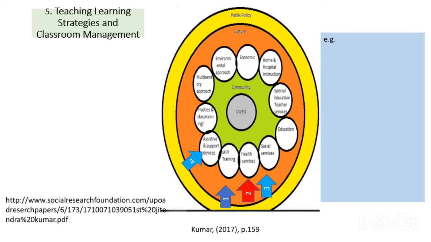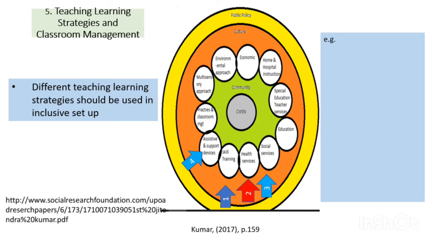Next is the teaching, learning strategies, and classroom management. In here, a variety of learning techniques should be used in facilitating learners' learning. And it is our problem now that learners are at home. Parents do not know more of those teaching strategies because they are not trained for that.